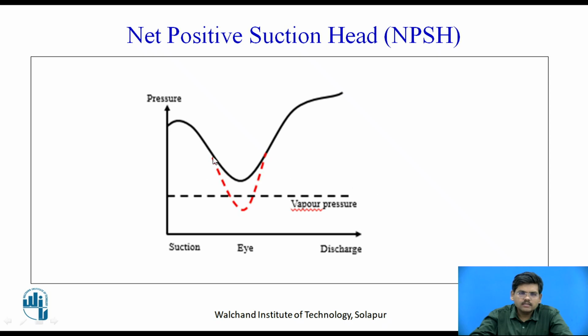Now if the pressure falls below this vapor pressure at the eye, the pressure at the eye is very low as compared to vapor pressure, then you will not have the desired functioning of the pump. There will be creation of bubbles, and these bubbles will try to escape in the fluid and burst at the impeller, where the pressure will start rising at the discharge and will have a negative impact on the impeller blades.